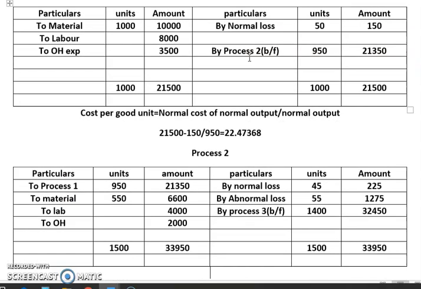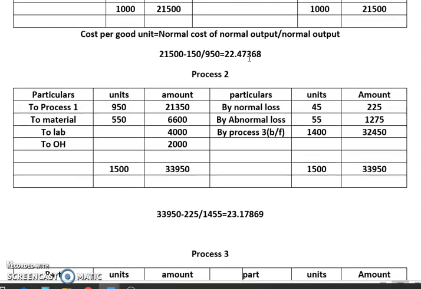So after calculating that, I got 23.17869. This 23.17869 holds good for multiplying with abnormal loss, also the process 3 balancing figure, process 2 balancing figure, which need to be transferred to process 3. Now after doing that, you will get the exact figures and your process account will tally.